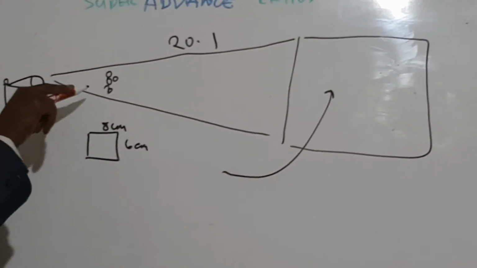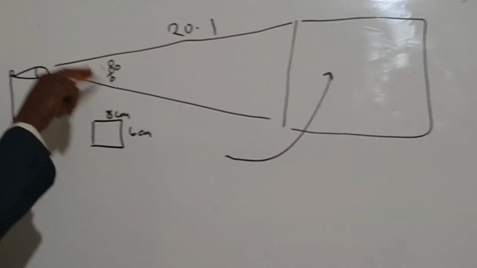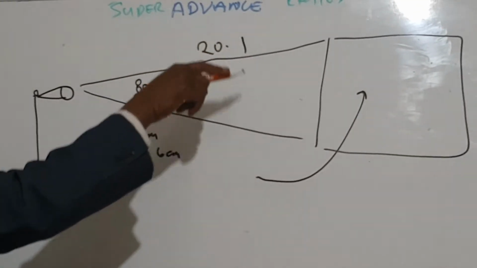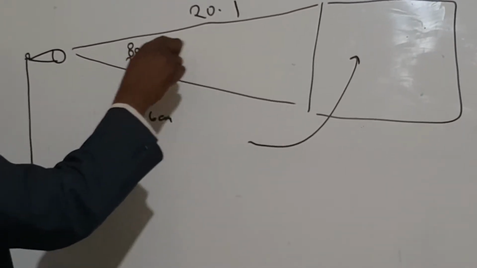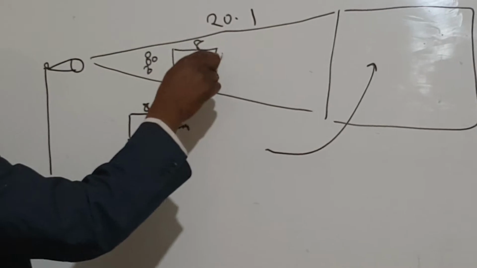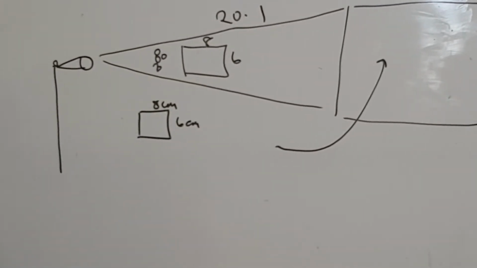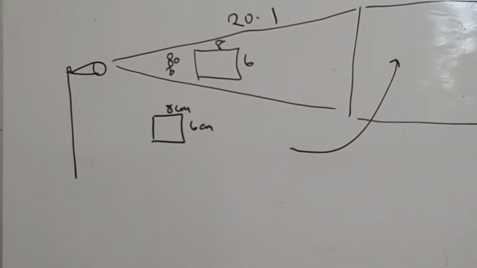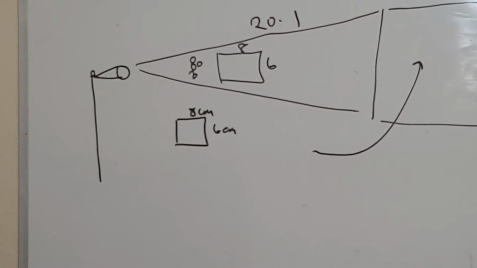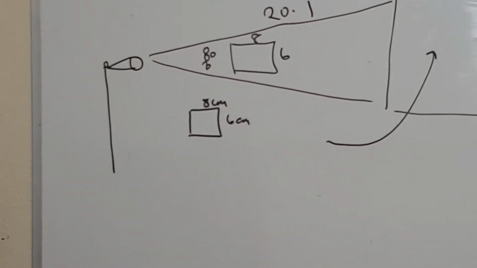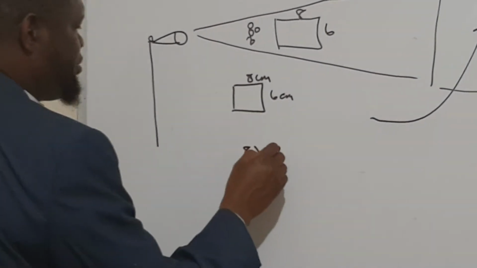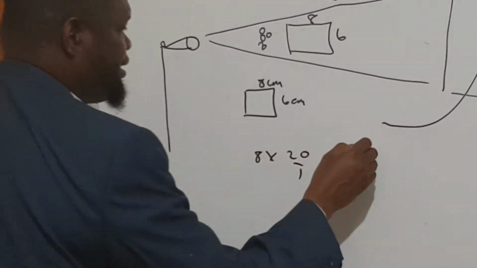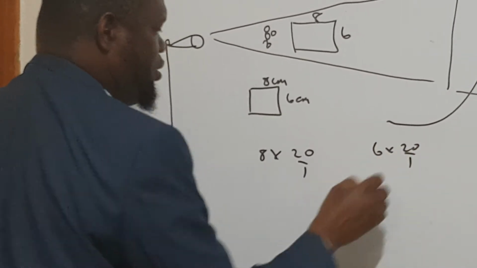Remember, when the projector projects an image, it is 20:1. So what if there's an image here which is 8 by 6? It's 2D, so try to enlarge it. How do you do that? You times 8 by 20 over 1 and 6 times 20 over 1.